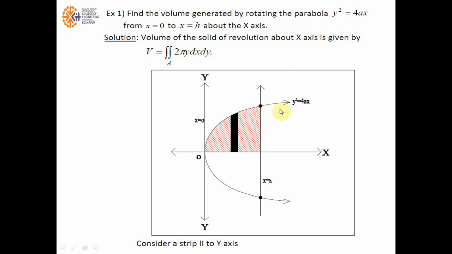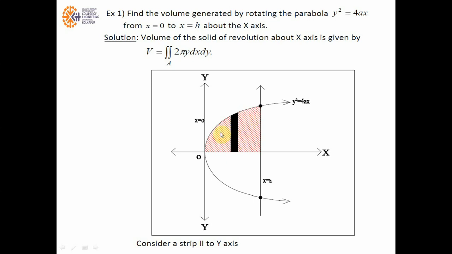So first we sketch the curve y square is equal to 4ax. So this is the parabola, y square is equal to 4ax. The line x is equal to h, which is parallel to y axis. Now the region bounded by the parabola and x is equal to h in the first quadrant we have shaded by the red lines.